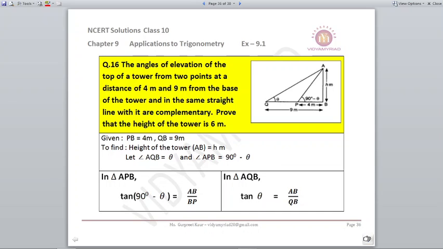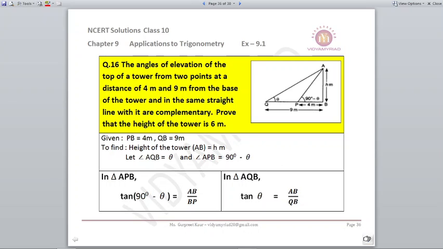We are not given the angles to us. So let us take one angle as theta, the other will be 90 minus theta. Why? Because both the angles are complementary to one another. So let us take triangle APB. In that case, I can write tan 90 minus theta is equal to AB upon BP.